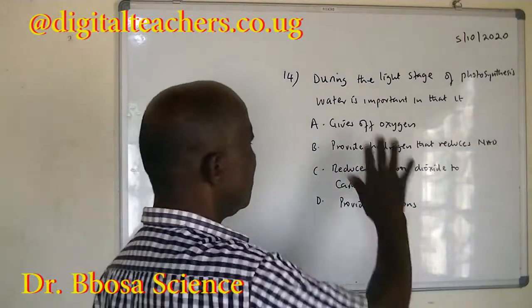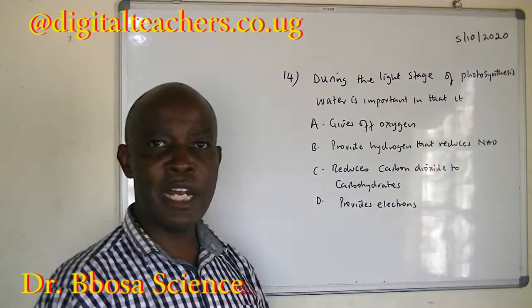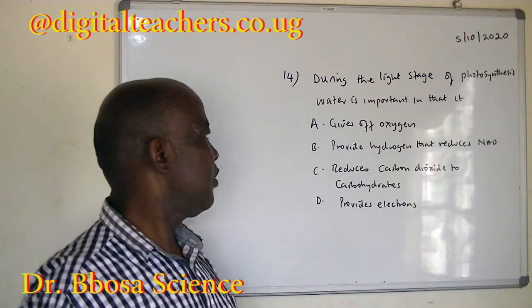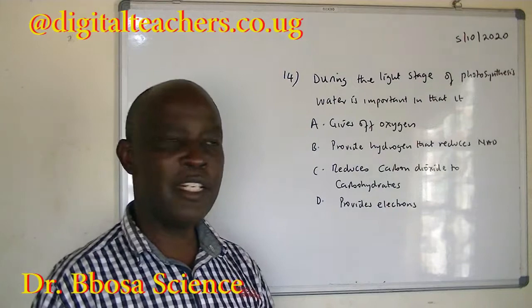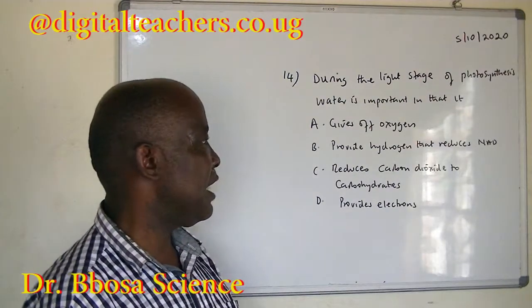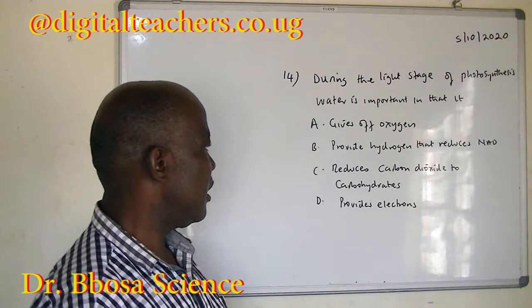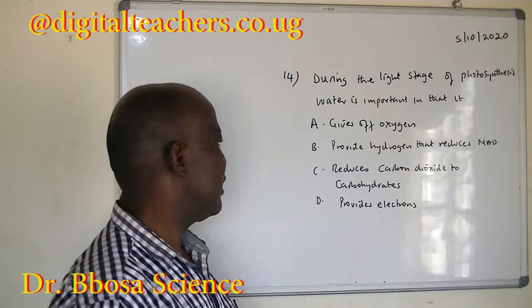Number 14. During the light stage of photosynthesis, water is important in that A. It gives off oxygen. B. Provides hydrogen that reduces NADP. C. Reduces carbon dioxide to carbohydrates.